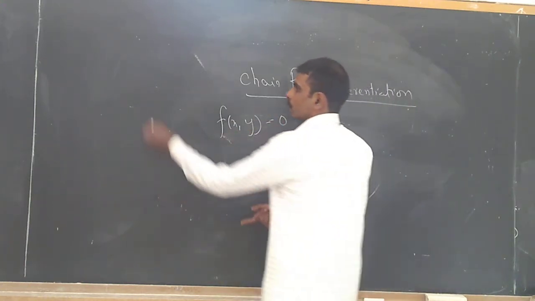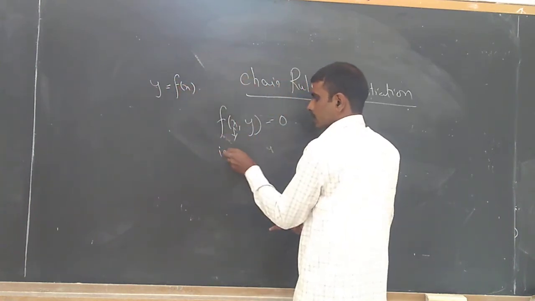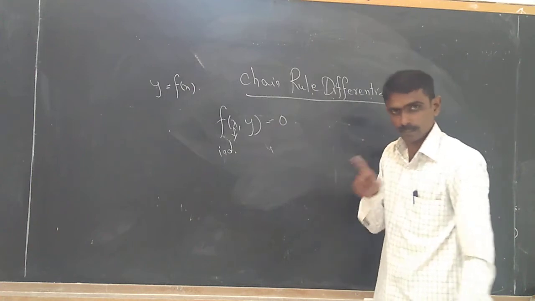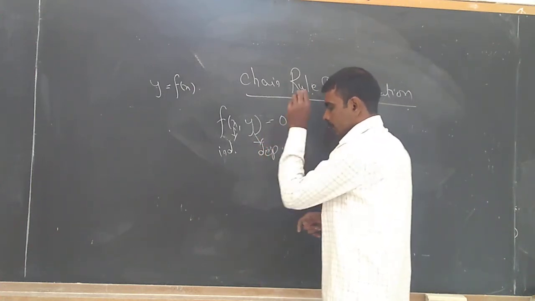as in the case of explicit function, x will be treated as the independent variable and y will be treated as the dependent variable.